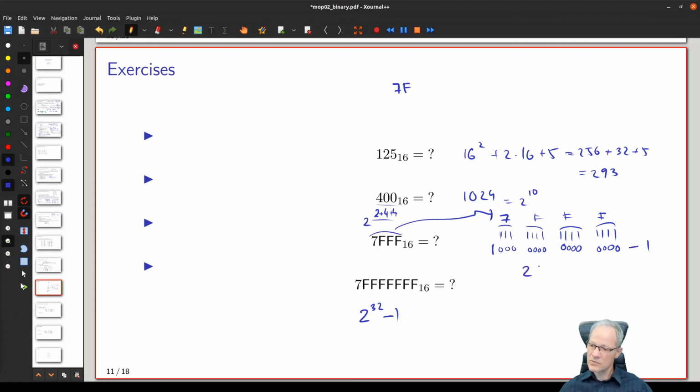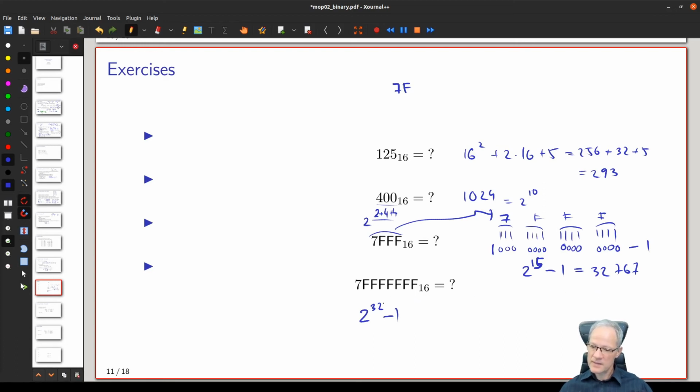So therefore it's 2 to the power of 16, not 12, minus 1. 15. Yeah. Because we have 15 ones. And the first one is to the power of 0. Right. 15. And this is 32,767, correct?